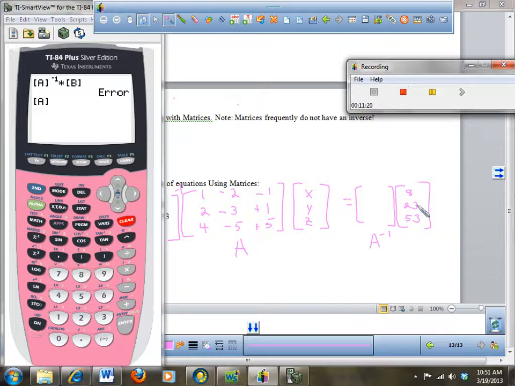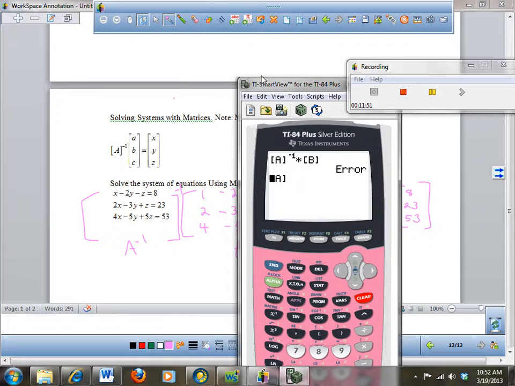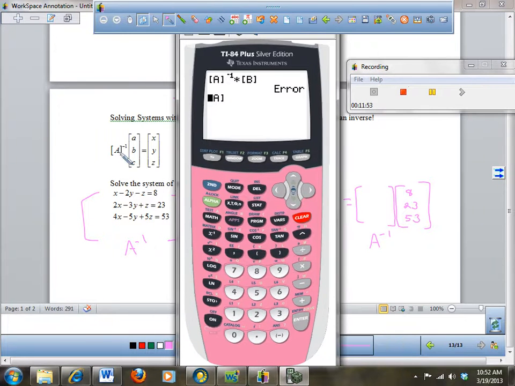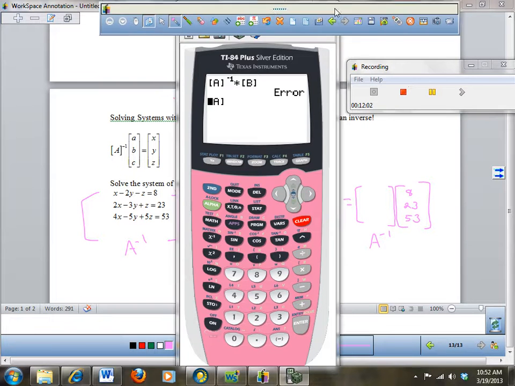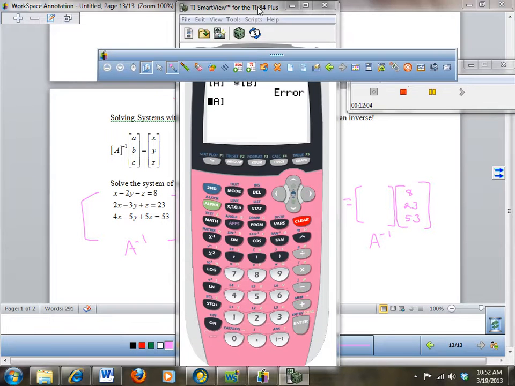And so this one has no solution. So this system of 3 equations, remember those are 3 planes in space, they don't intersect at a single point. So that is why we got an error, not because I did the math wrong.